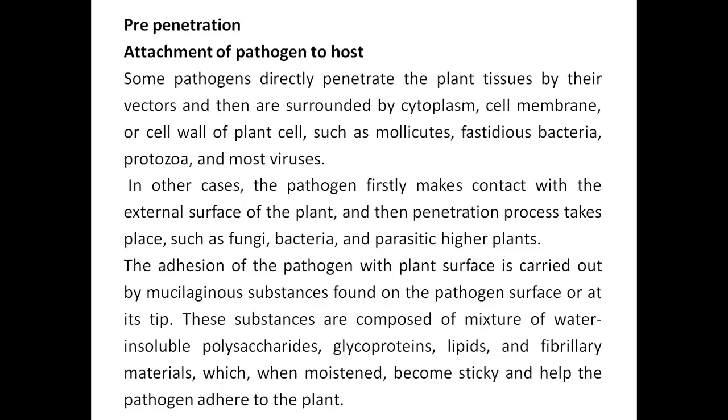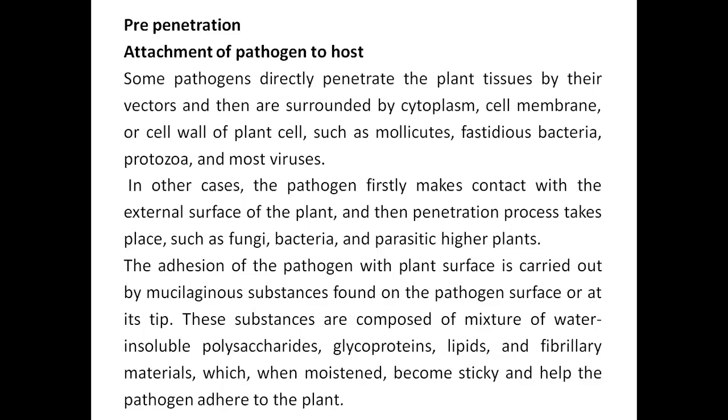So the adhesion of the pathogen with the plant surface is carried out by the secretion of some mucilaginous substances on the host surface.